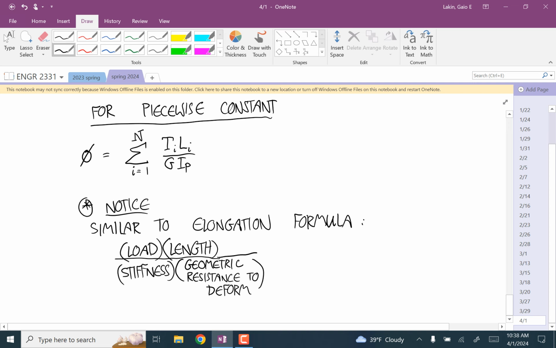Okay. So if you're talking about the elongation formula, the load is the internal tension times the length. The stiffness is E, and the geometric resistance to deformation is just the cross-sectional area. In this case, the load is the torque times length, the stiffness is that G, and the geometric resistance to deformation is the polar moment of inertia. Okay?